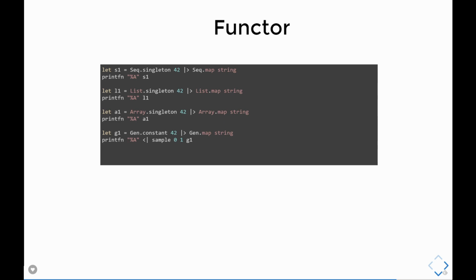And it's absolutely identical. The only thing that's different here is how I got the value into the list: list singleton, sequence singleton, the gen constant. But the bit on the right is map it through string. The only thing that's different is the data type, really.